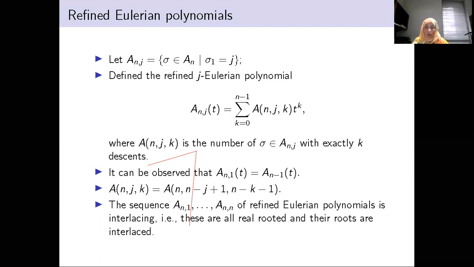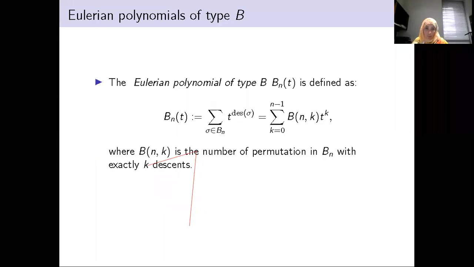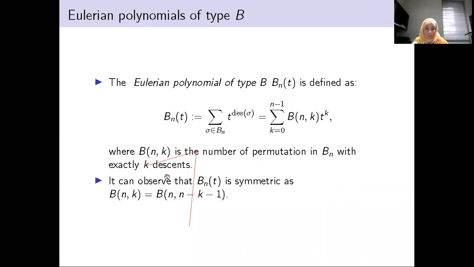Okay, so here we again define the descent number. For this one we have included sigma 0, which we take to be 0. You can also define the descent number of type A, but here I'm considering the descent number of type B, which is this one. Similarly, we have the Eulerian polynomial of type B, which is the generating function for the number of permutations with exactly k descents.